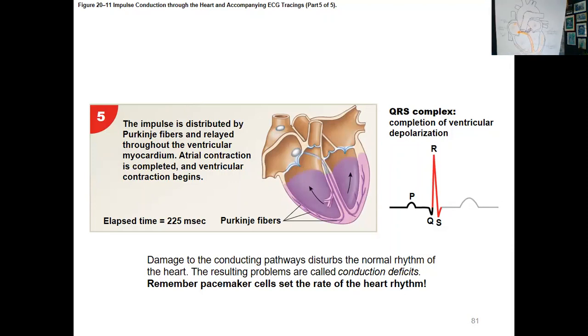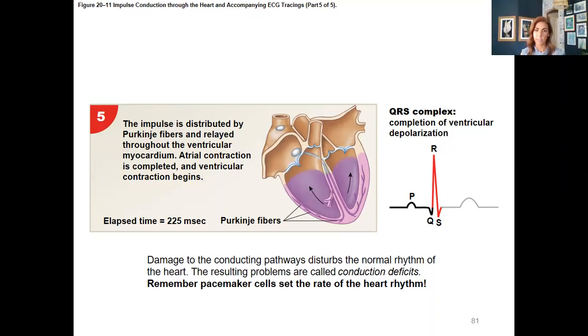So if we look again at our picture, the stimulus for depolarization went through the interventricular septum, and we're wrapping it back up because as we depolarize these ventricles, what we want to do is build up enough pressure to ultimately open up the pulmonary and the aortic semilunar valves so that blood can flow out of the heart and into the vessels.